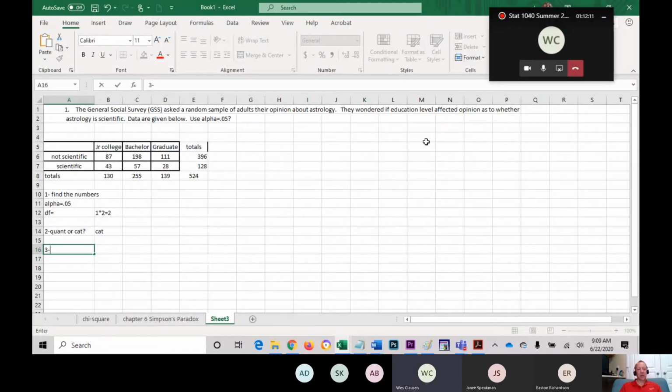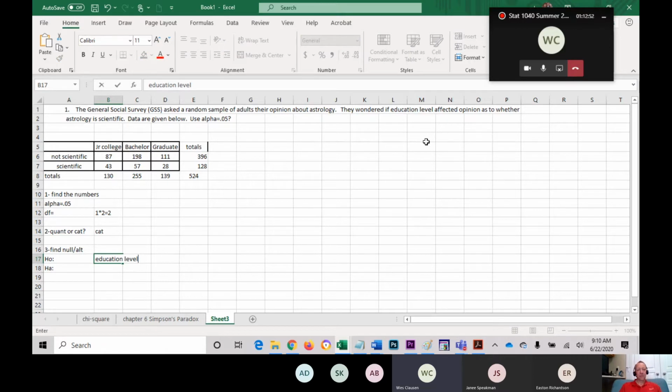We're going to write our null and our alternative hypotheses. All right, what do we got for the null? They want to know if the education level affected the opinions of whether astrology is scientific.